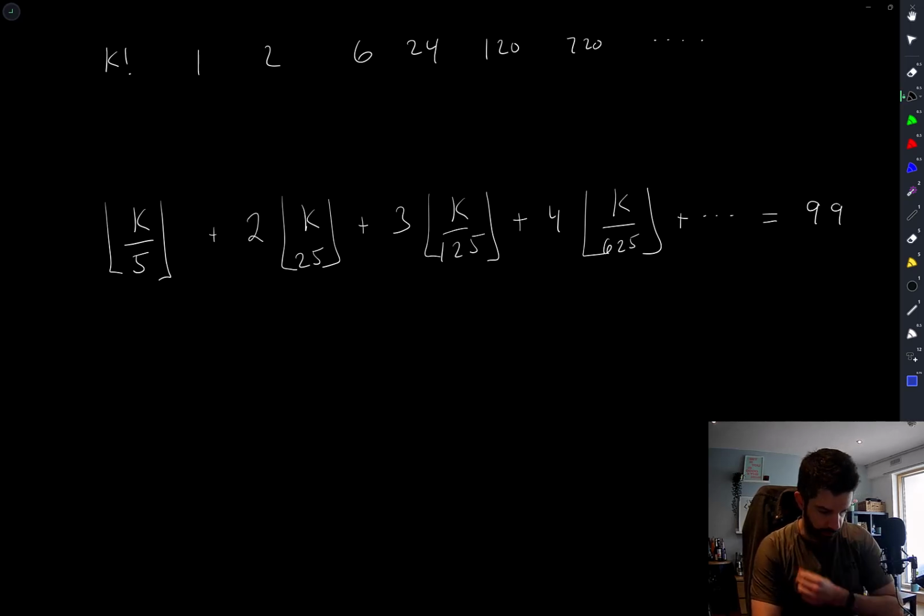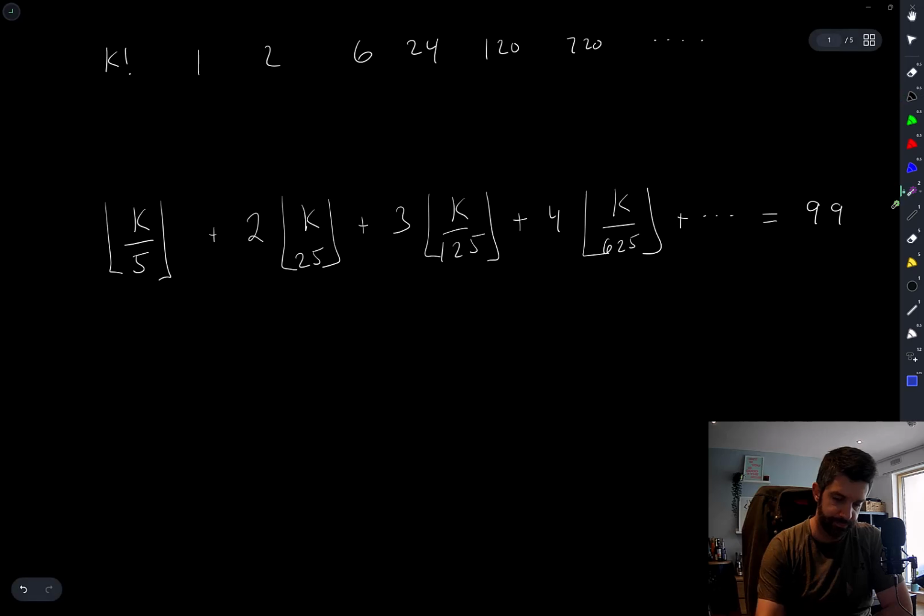Okay, so let's ask ourselves what a reasonable range of k is going to be. k is certainly going to be less than 500 to satisfy this, right? k divided by 5 is 100, so we're already too large.